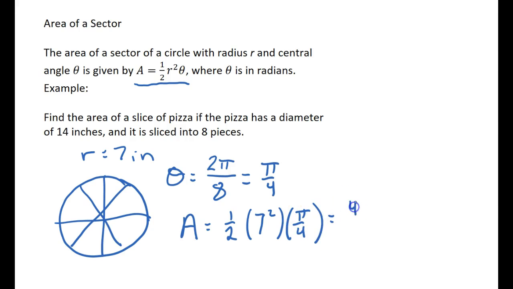All right, so it's going to be 49 pi over 8, and our units are square inches because I squared my radius. Okay, that works out to about 19 square inches. So that's how much area that pizza slice is.